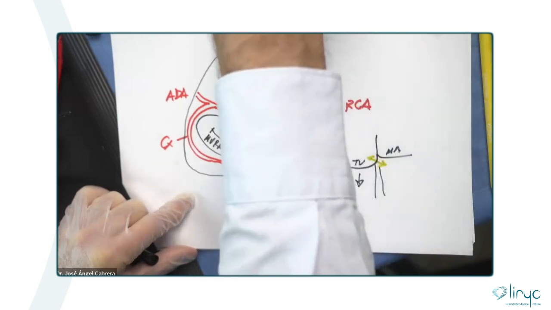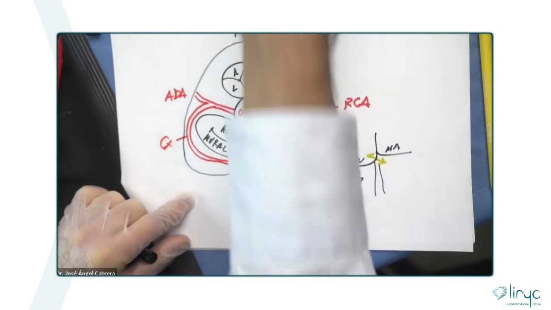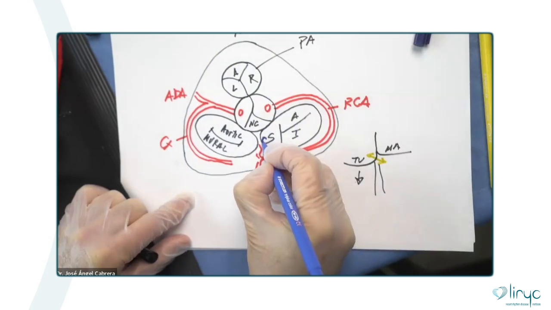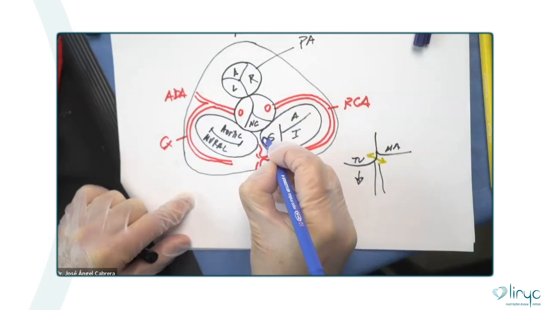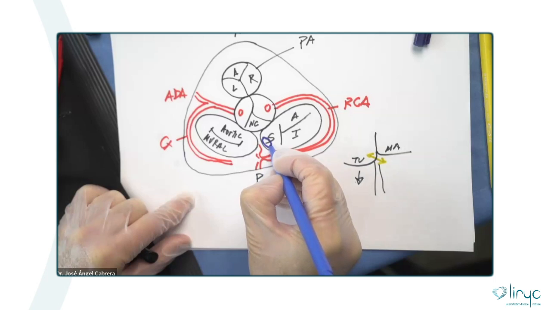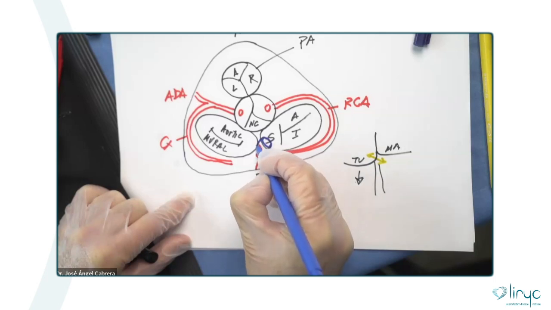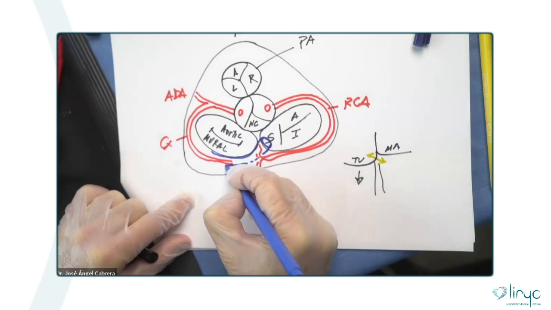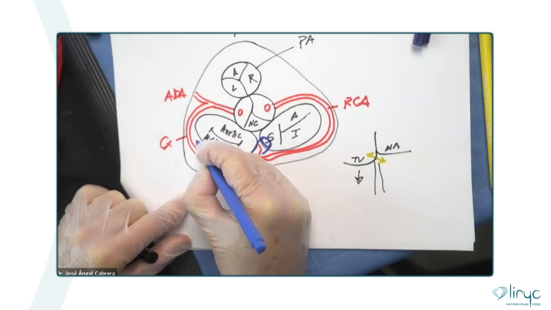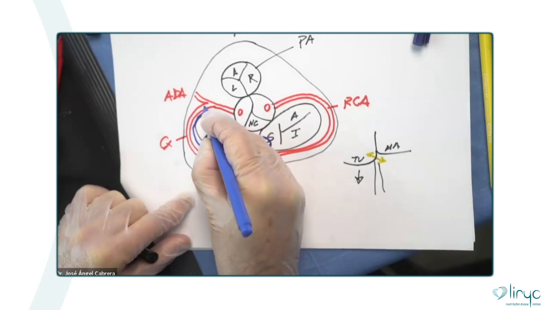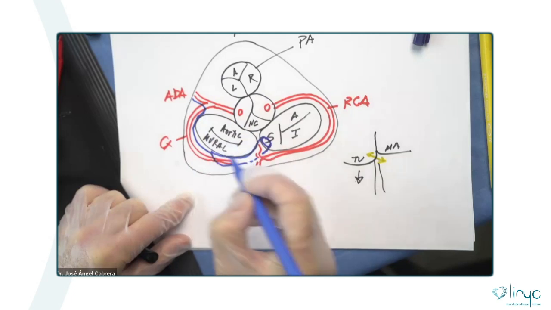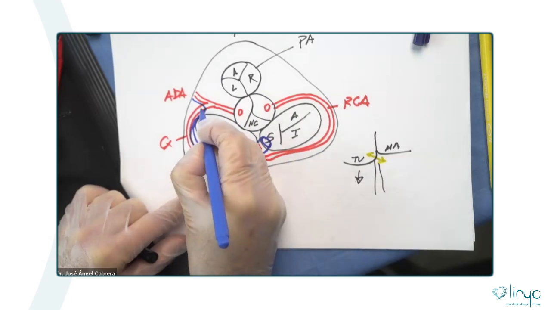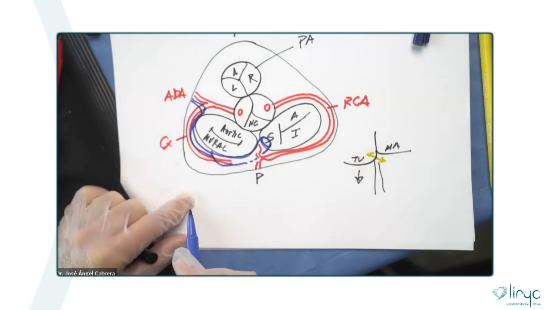Then, let's continue with the venous coronary system. Here we have the origin of the coronary sinus, and here we have the coronary sinus, and the great cardiac vein, and the anterior descending artery here, and the anterior interventricular vein.